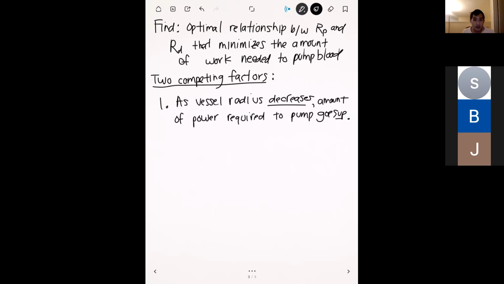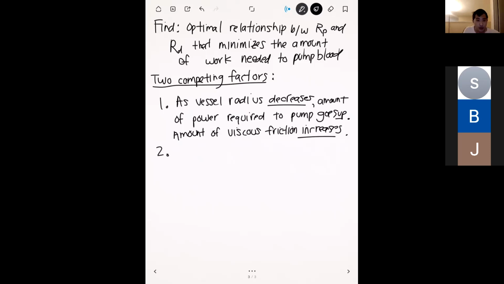And the reason it goes up is because the amount of viscous forces are increasing as you decrease the radius. Intuitively, say that you have a really tiny hole and you're trying to shove a bunch of material through that hole, right? Because there's a lot of friction associated with the tiny space, as the vessel radius decreases, you're going to have an increase of power because you're trying to squeeze the same amount of blood into a tinier space. Okay.